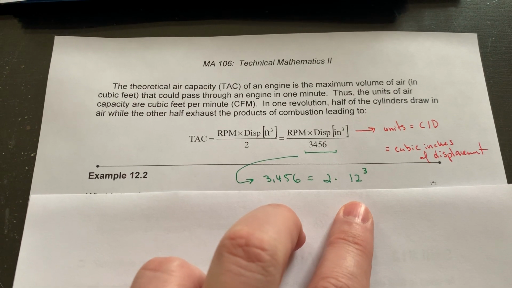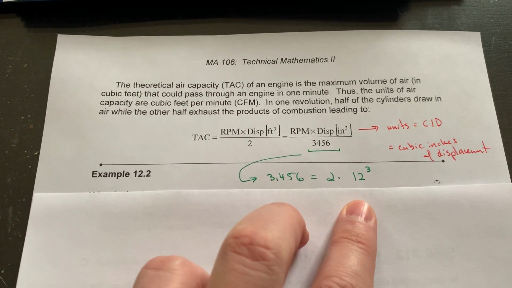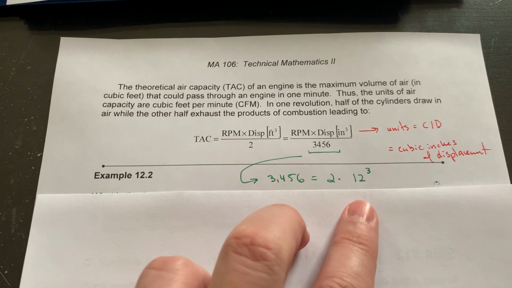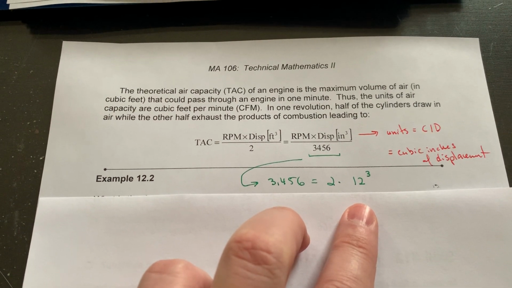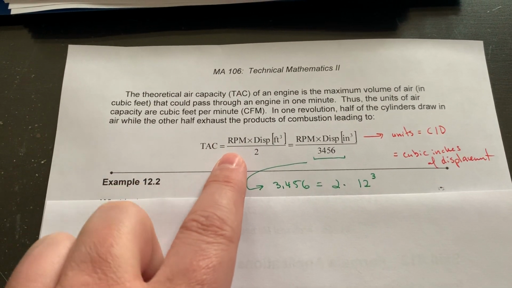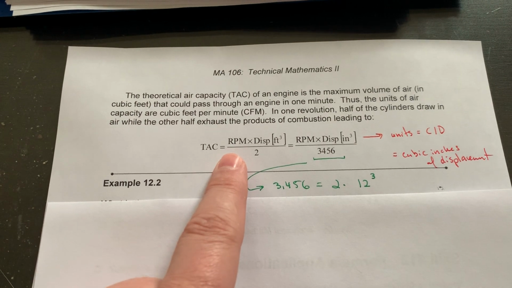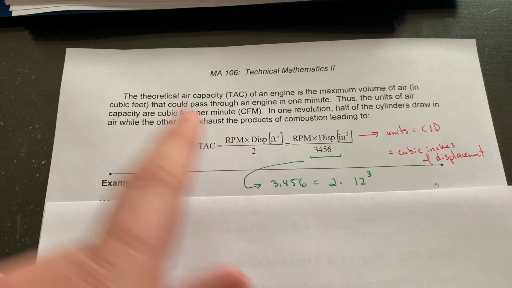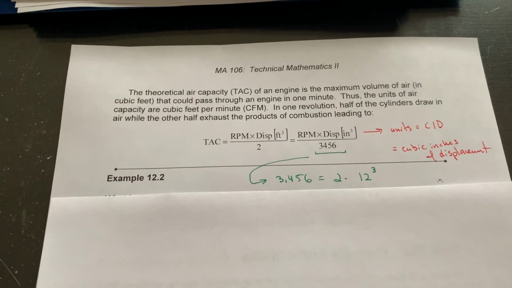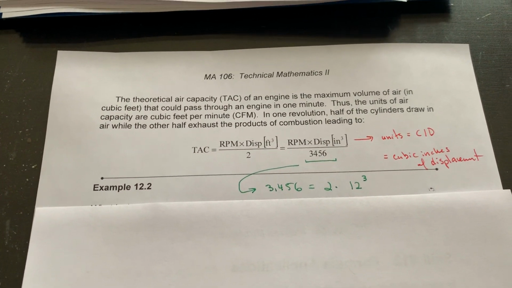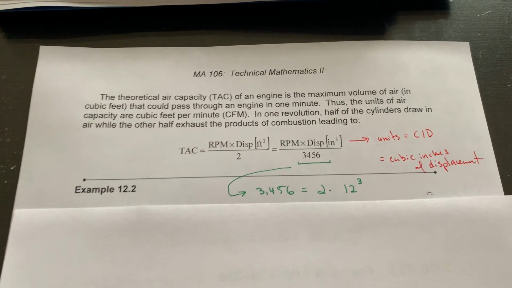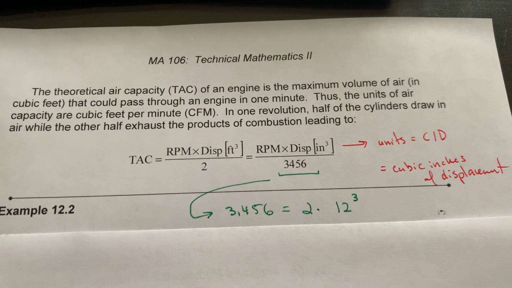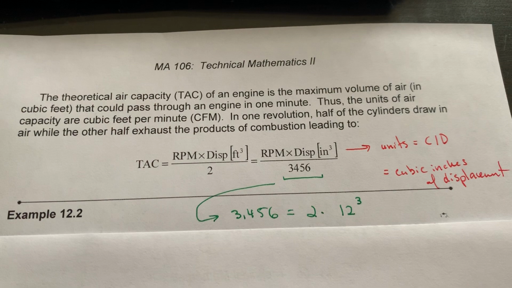So inches cubed to feet cubed: 12 inches per foot, so 12 times 12 times 12, 12 cubed, times the 2 that's already there, because we're cutting our value in half because of the intake-outtake thing. We end up with 3,456.